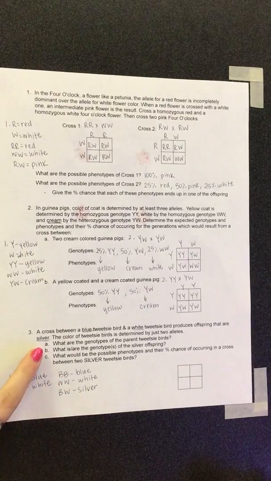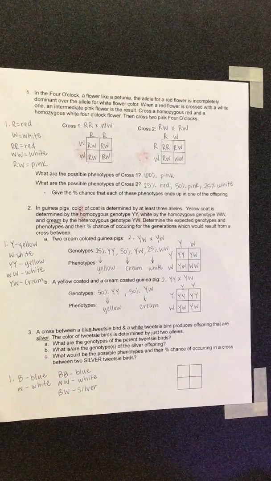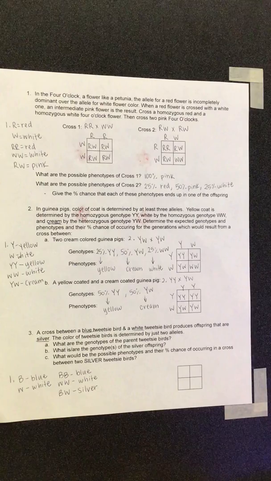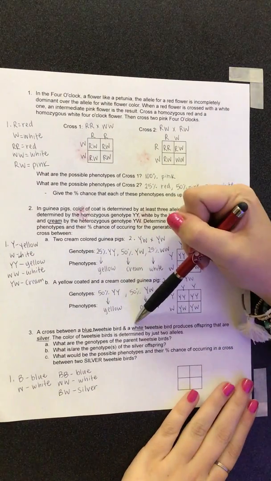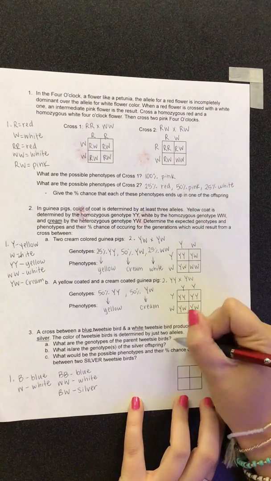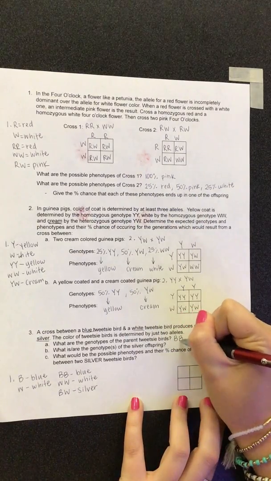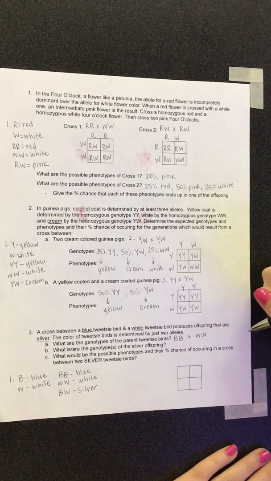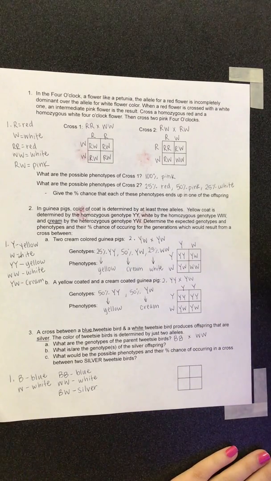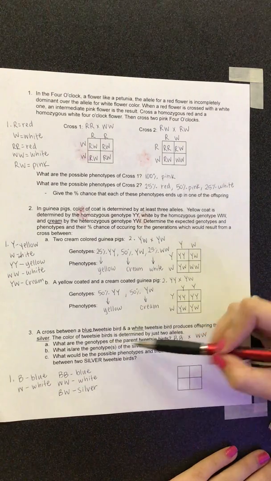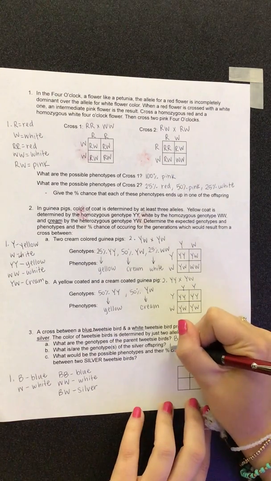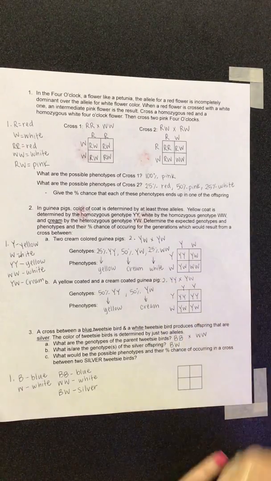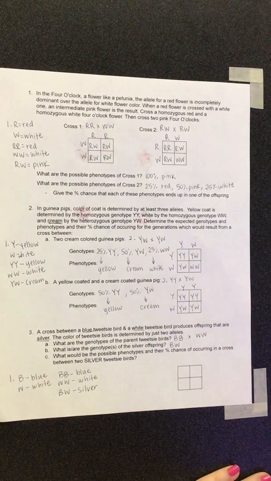A wants to know the genotypes of the parent Tweetsie birds. So essentially it wants me to write the cross. It tells me that the parents are blue and white. So I know that their genotypes are BB and WW. BB is the only way to be blue and WW is the only way to be white. The genotype of the silver offspring is going to be BW, since BW is the only way to be silver.